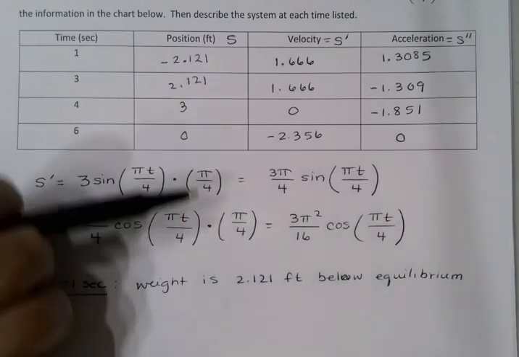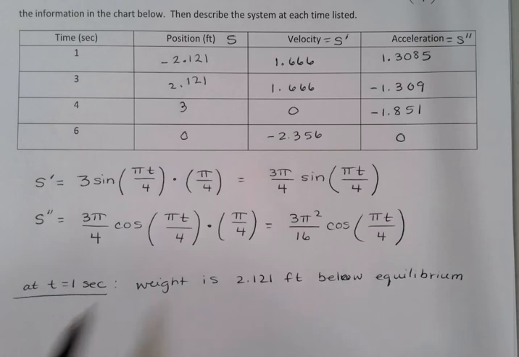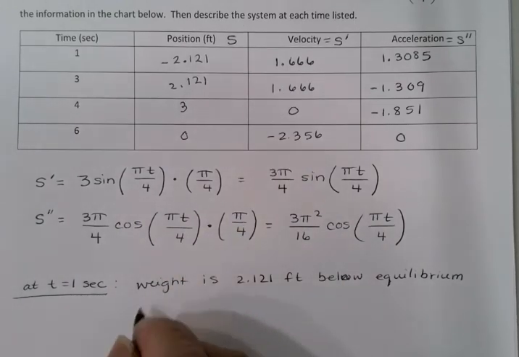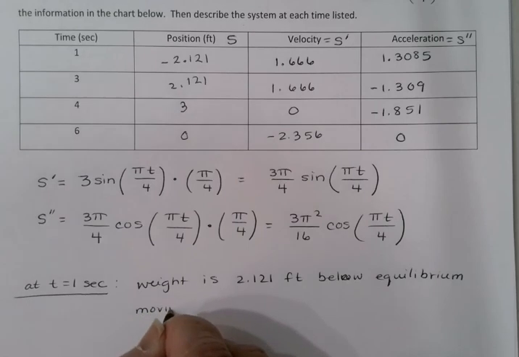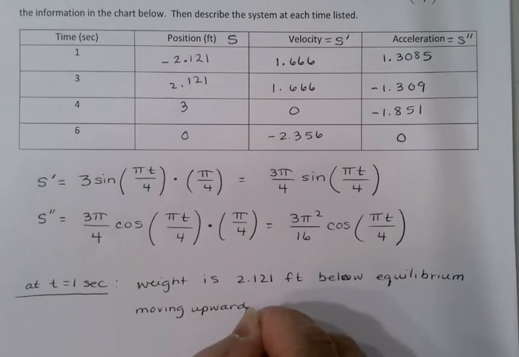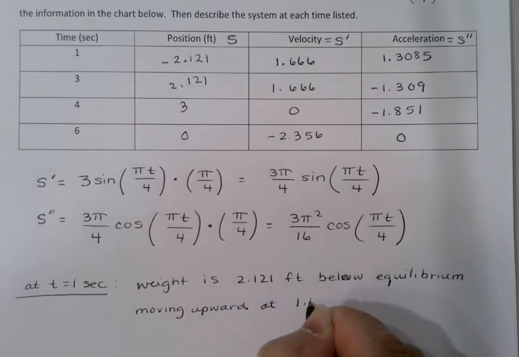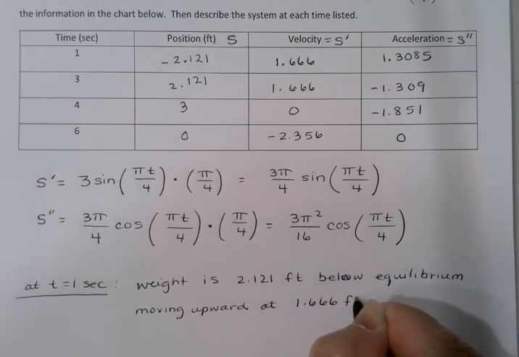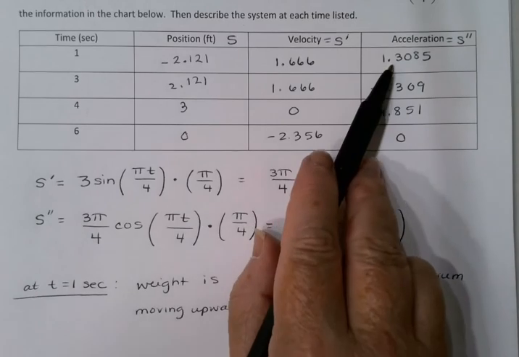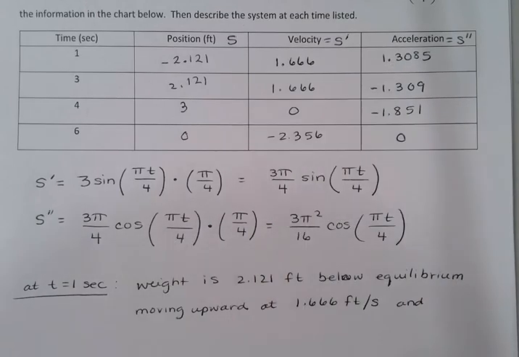As this weight is bouncing up and down in the spring, it's got a positive velocity, so it's moving upward. At 1.666 feet per second. And it's accelerating at about 1.3 feet per second squared.